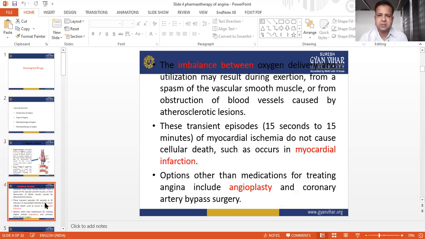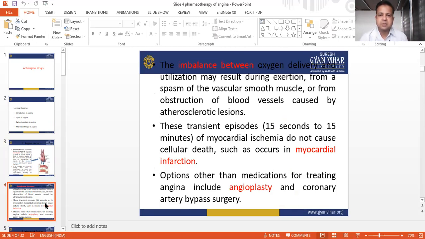The imbalance between oxygen delivery and utilization may result during exertion from a spasm of the vascular smooth muscle or from obstruction of blood vessels caused by atherosclerotic lesions.